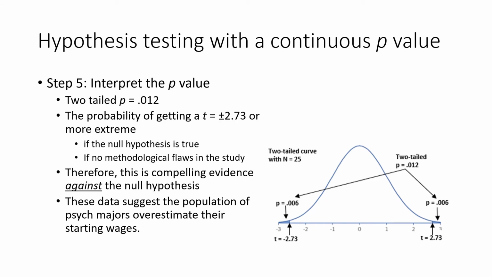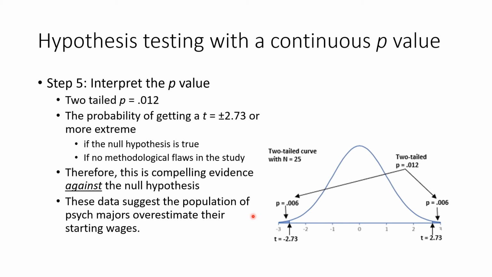Now we need to interpret this p-value. Technically, or literally, the p-value is the probability of getting the obtained t, which was 2.73, or something more extreme, either something on this tail or on this tail, further away than 2.73, if the null hypothesis is true and if there are no methodological flaws in the study.